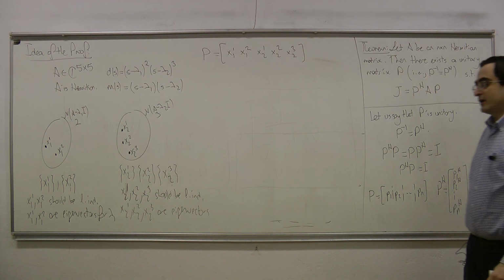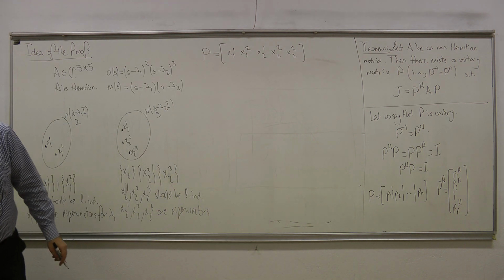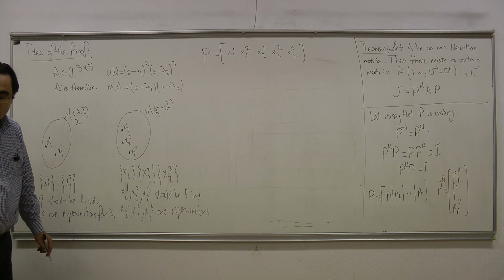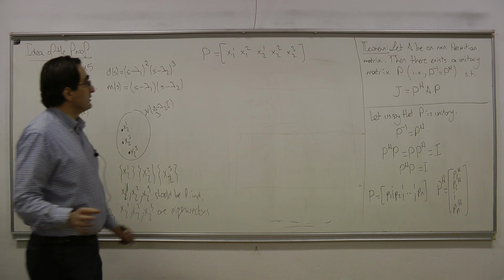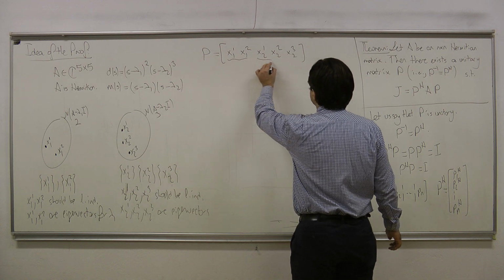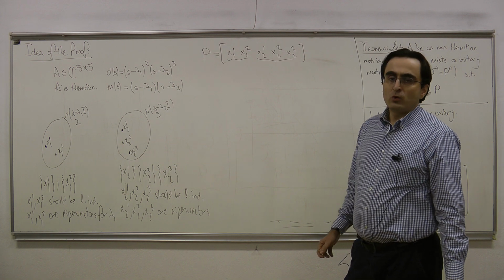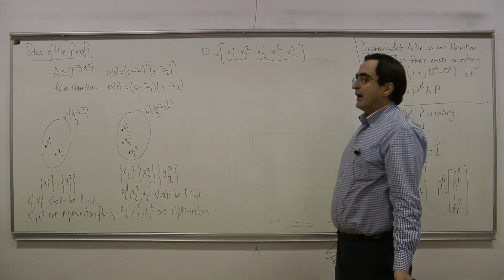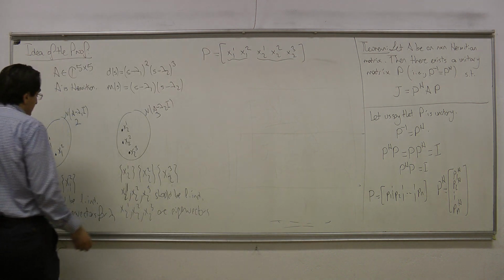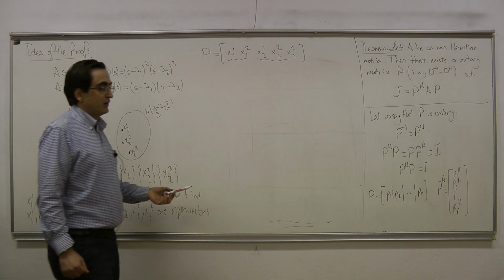Now I can ask you the question: is this P matrix a unitary matrix? What I know here is that these two columns are linearly independent with each other, and these three columns are linearly independent with each other. What else do I know? I know that for a Hermitian matrix, eigenvectors belonging to distinct eigenvalues are orthogonal to each other.